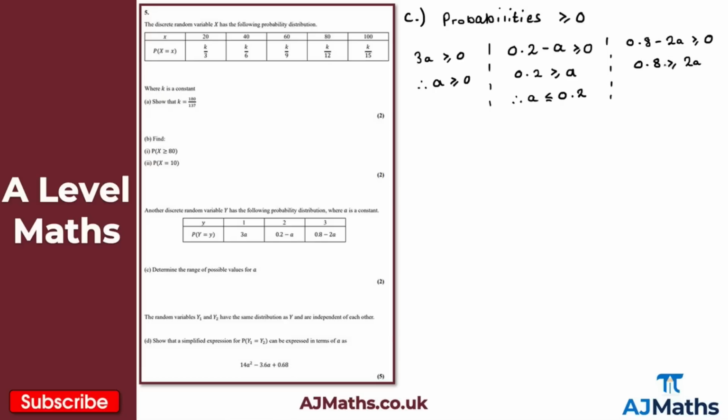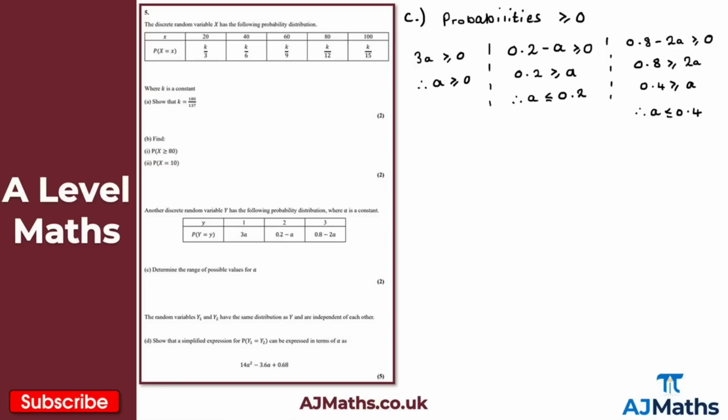And I divide both sides by 2 here, so I get 0.4 is greater than or equal to a. If 0.4 is greater than or equal to a, that is the same as a being less than or equal to 0.4.